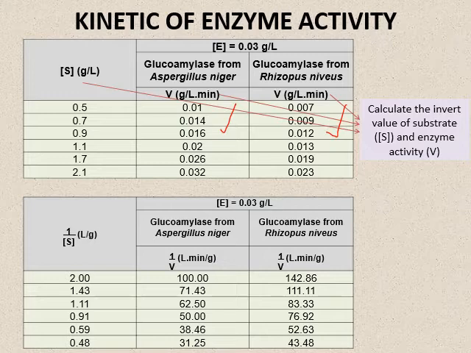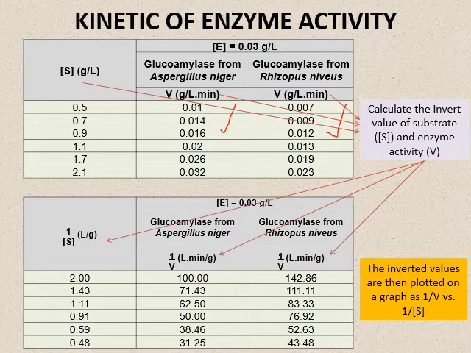So here it says calculate the inverted value of substrate and also enzyme activity, the reaction rate. Okay, so you will get the data, and you have to plot the inverted 1 over V versus 1 over S.